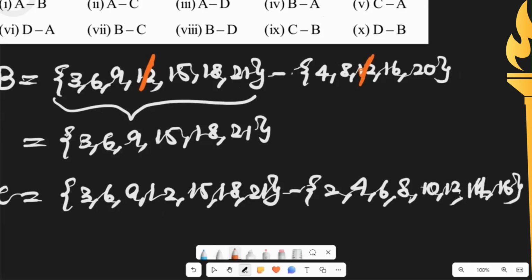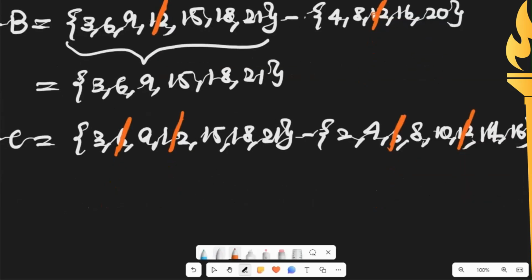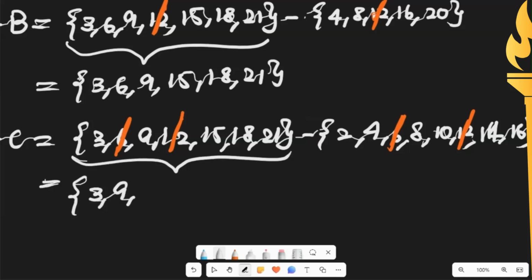So for A minus C, we have 6 common, and 12 common. So we have two elements common here, and if we subtract and write only the first set elements, we would get 3, 9, 15, 18, and 21.